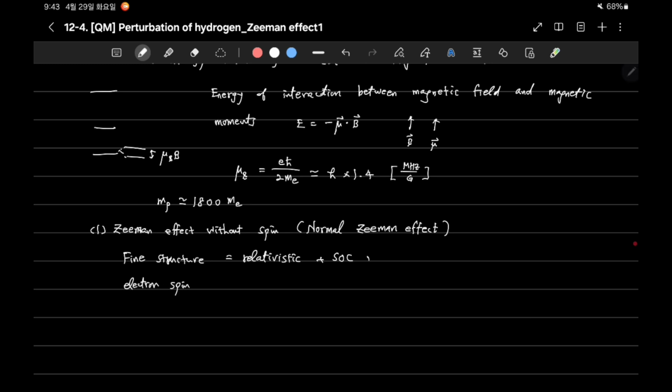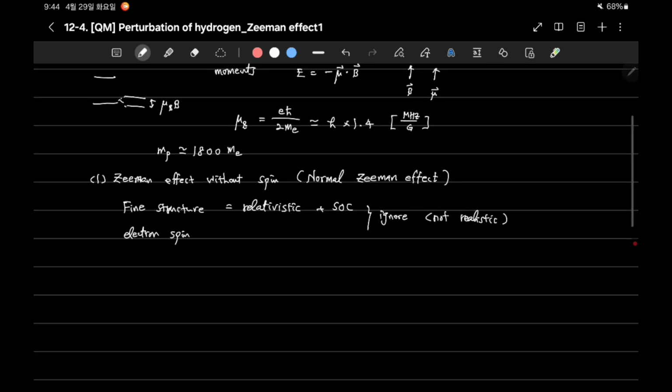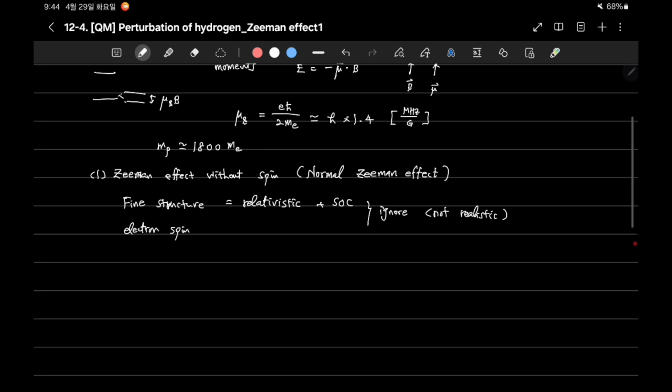Here we ignore these two terms for simplicity of calculation, but it is not realistic, because real hydrogen also has fine structure, and electron spin should also be taken into account, a very important factor.